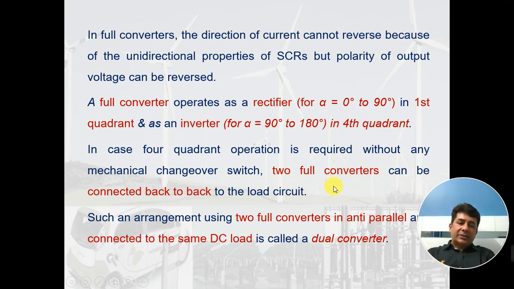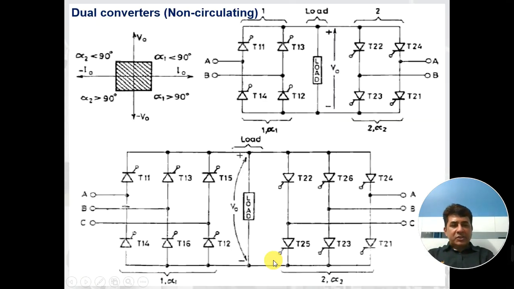So if we connect two converters in anti-parallel and keep the load the same, we get a dual converter. A dual converter is a combination of two converters, and that combination is able to provide operation of the converter in all four quadrants. Now let us see how we achieve it.